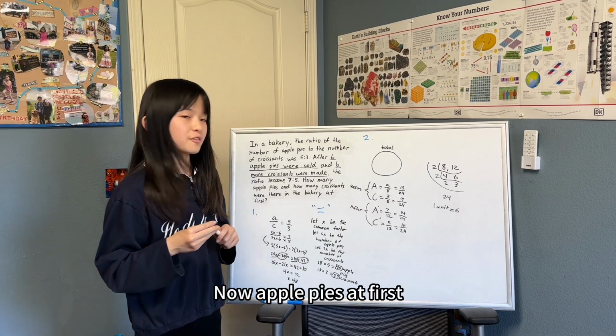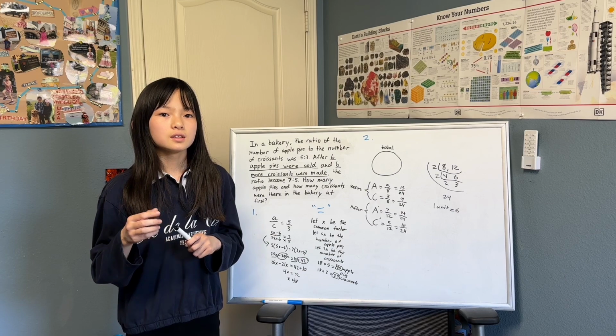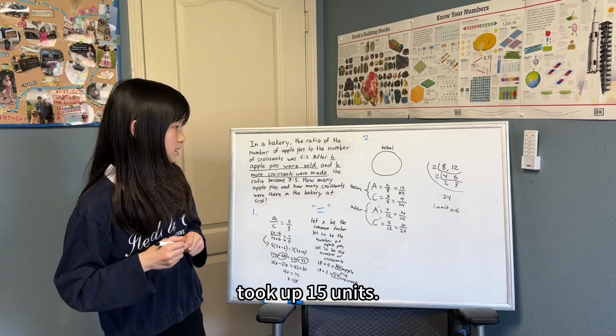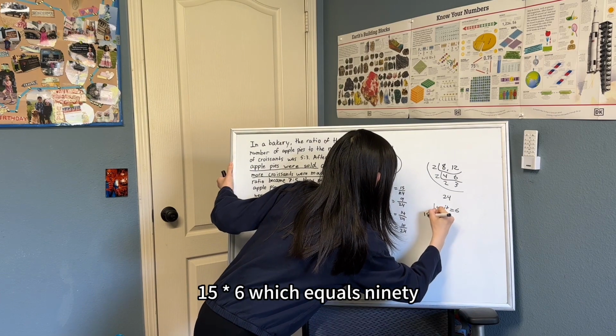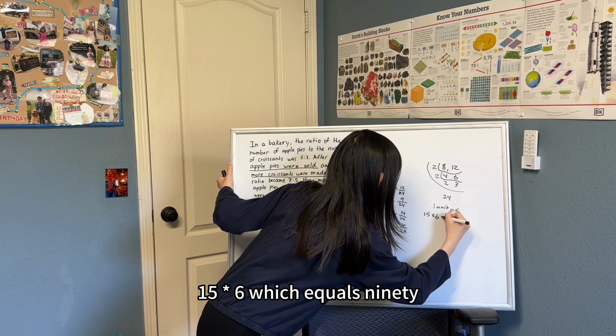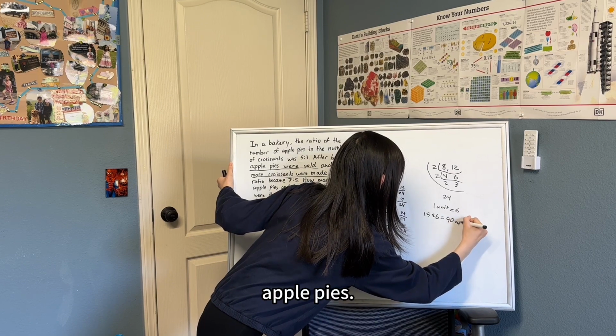Now, the number of apple pies at first took up 15 units. So for apple pies at first, we can write 15 times 6, which equals 90 apple pies.